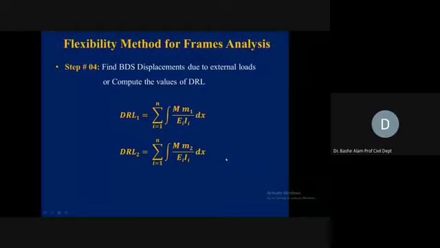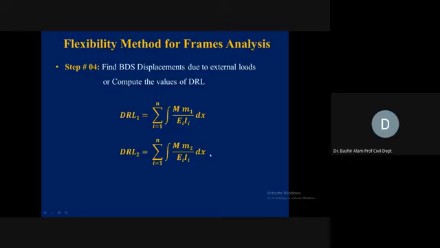Now what will be F11? The same configuration we will be using. F11 will be equal to the integral of m1 times m1 divided by EI dx. What will be F21, which will be equal to F12? It will become the integral of m1 times m2 divided by EI dx. And what will be F22? F22 will be the product of m2s, m2 times m2 divided by EI dx.